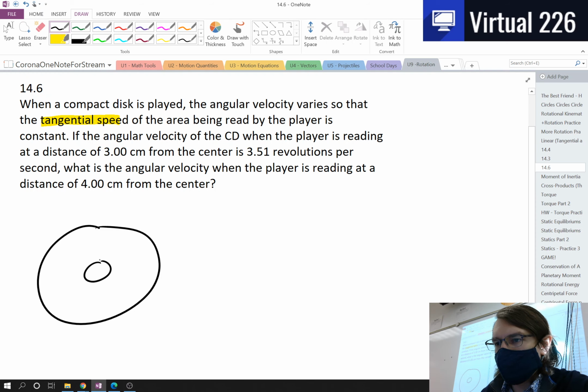Here's a CD. This center right here is the axis of rotation. That's where you snap your CD in and then it starts spinning around, okay?